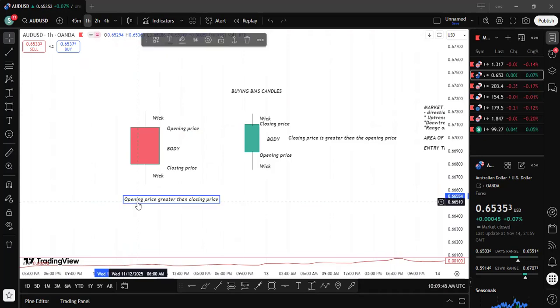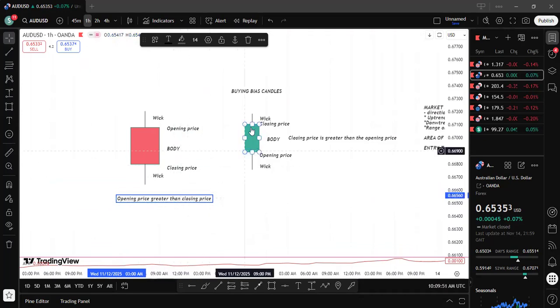Hope you spot the difference. Opening price for a bearish candle is greater than the closing price. For a bullish candle, the closing price is greater than the opening price, which I think makes sense actually. That's basically the difference over here.